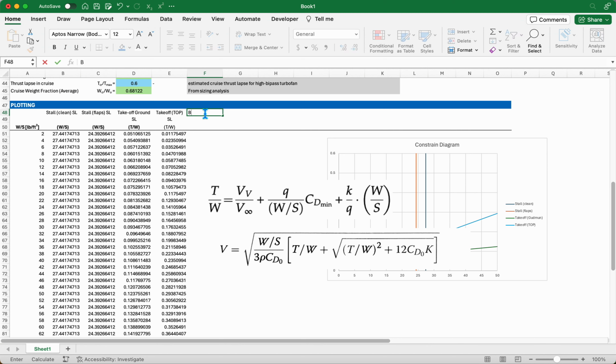But the first one, I'm going to have best climb speed. I'm going to put it below. And the notation for this is V epsilon, or V upsilon. So I wonder if I can do that.